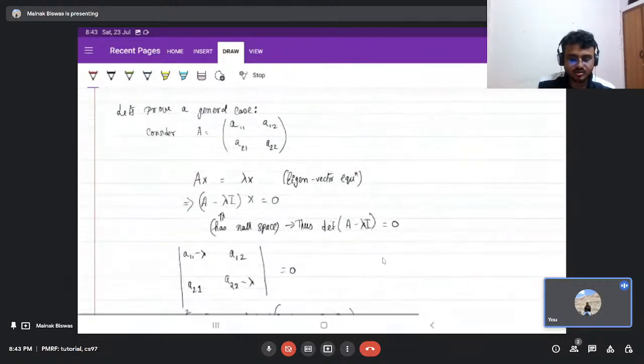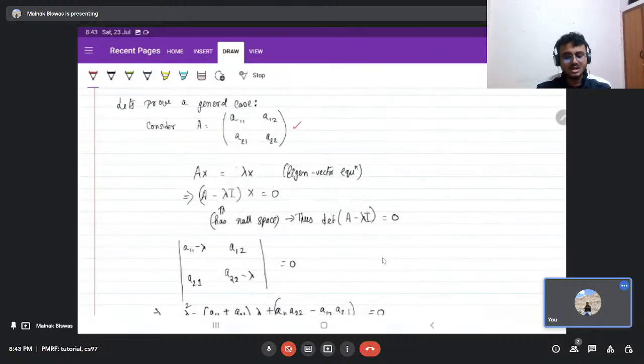So let us consider a general matrix like this. What is the definition of an eigenvalue? An eigenvector is a vector such that when you multiply it with a matrix, the direction of the vector remains unaffected and it is only scaled. So if you have a matrix, you take a linear combination in the column space.